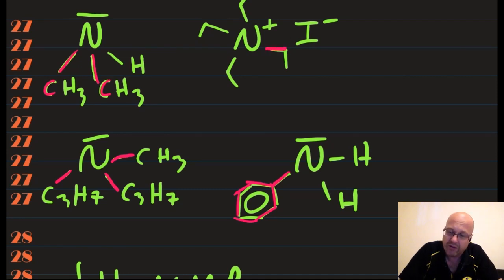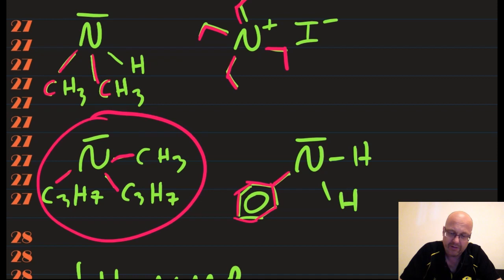And this is a quaternary, because it's got 4 alkyl groups attached. So the question wants to know what's tertiary. It's this one. A nitrogen with 3 carbon groups attached. That's going to be C, 27C. Nice.